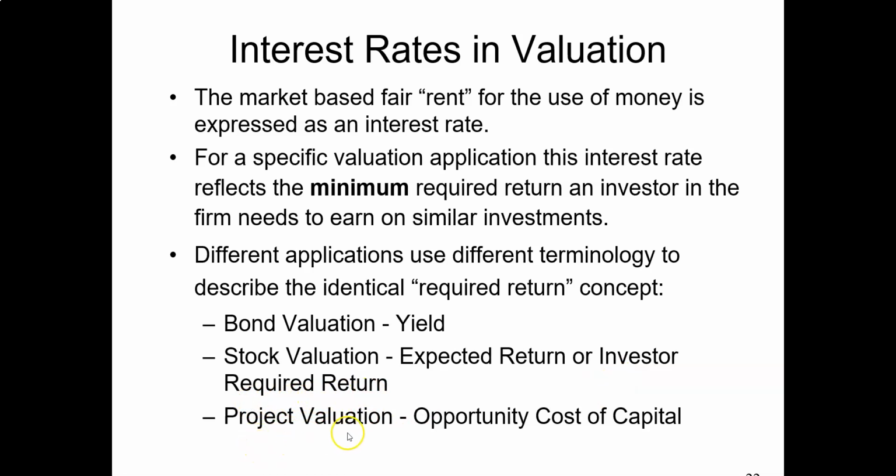In project valuation of corporation, we say it is opportunity cost of capital. Though we have different terminologies for this required rate of return, the idea behind these terminologies are similar. So we use these different terminologies to describe the minimum required return for an investor to do this kind of investment.